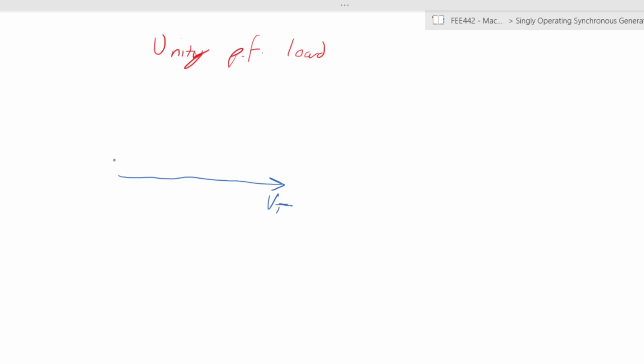And in this case, you have IA along the same axis, right? Then you have EA, same as we had before. And you have IA, XSIA. So JXSIA is at right angles to that. Okay, and this is EA.